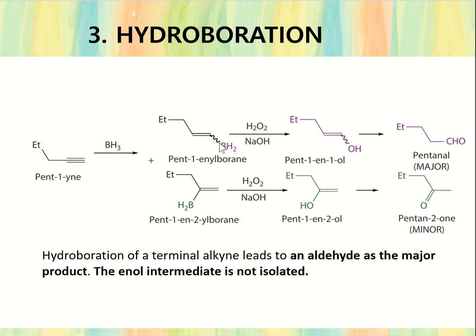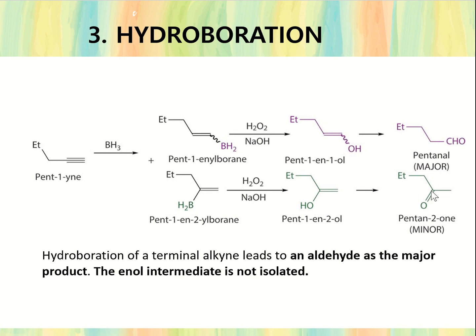And as you have seen, the boron attaches to the less substituted carbon here, and clearly that is why this is the minor product here. So it attaches to the less substituted carbon, and then in the presence of peroxide, hydrogen peroxide and base, we form our enol, which can be converted to an aldehyde, which is the major product.